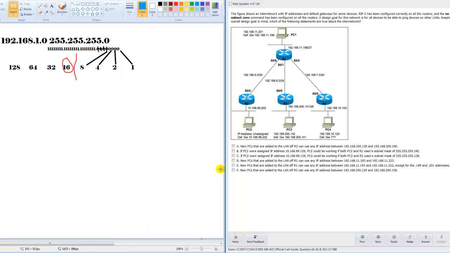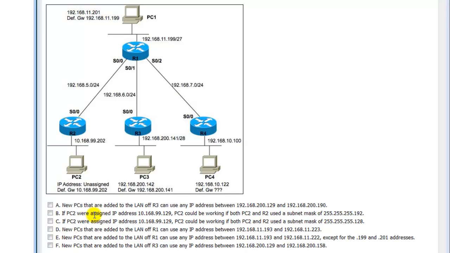So question B, if PC2 were assigned IP address down here dot 129, PC2 could be working if both PC2 and router 2 used a subnet mask of 192. So the default gateway is in 202. So whichever we figure out the network ID of 192, it has to be within 202, has to be in that network range for PC2 to be assigned a 129 network.